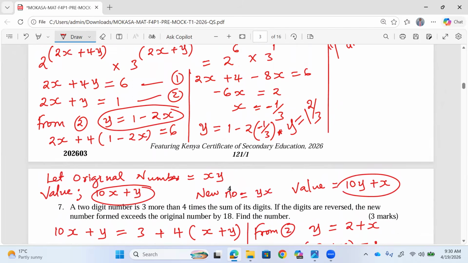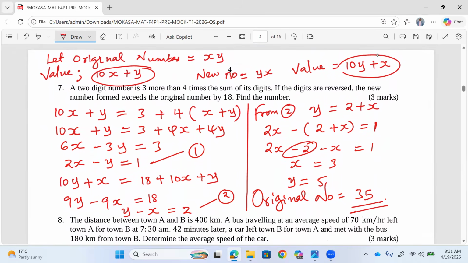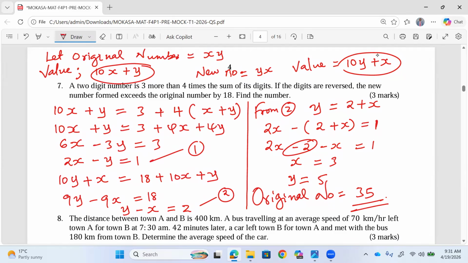That is why if a number is 48, it is equal to 48 because 4 is on the tens position, while 8 is in the ones position. 4 by 10 becomes 40, 8 by 1 becomes 8. That is why we're getting 48. Therefore, each position is what defines a digit. So number 7 is done and dusted.